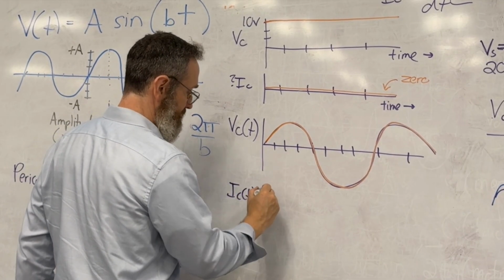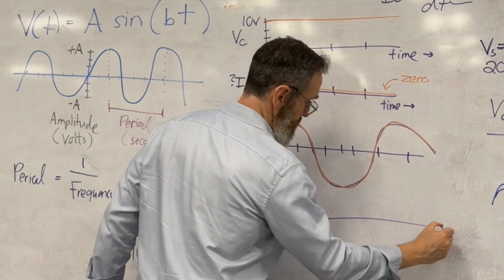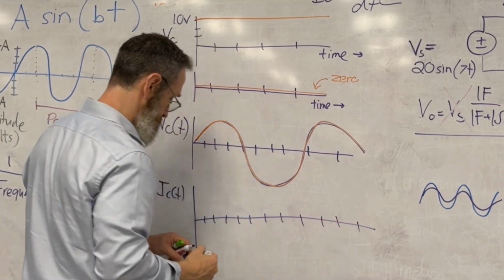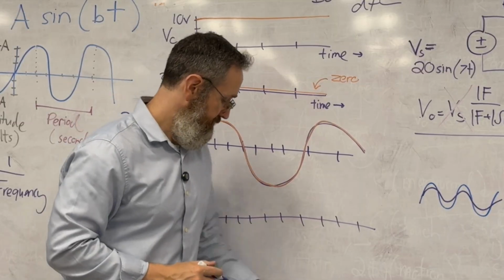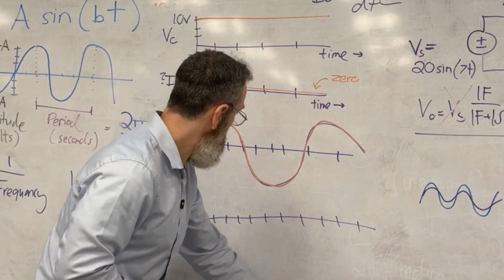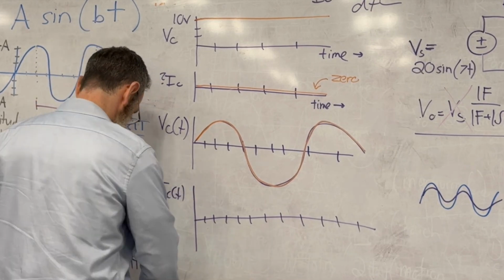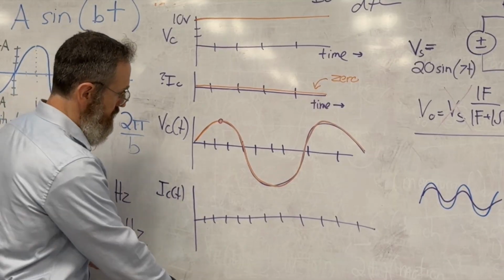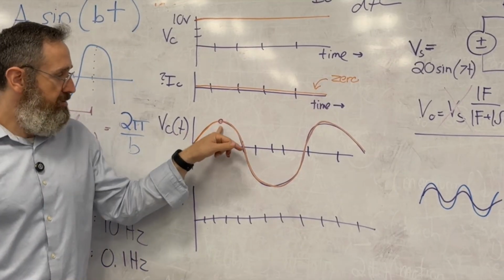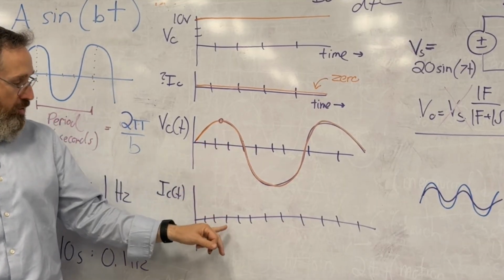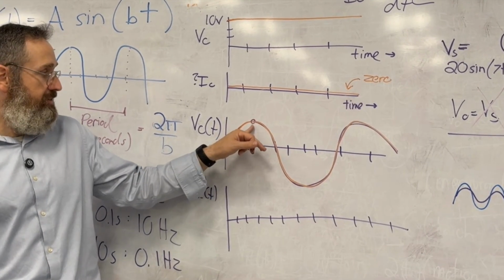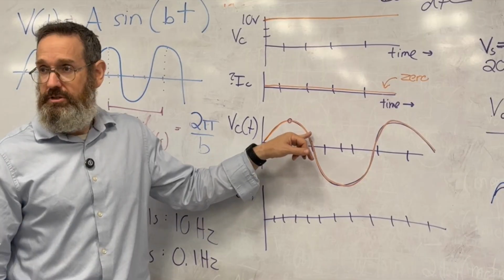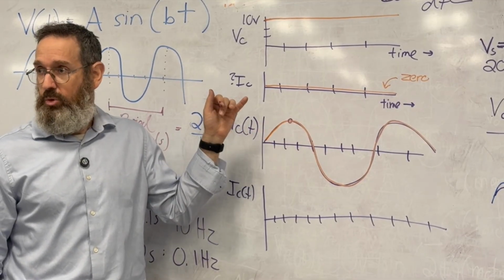But I think it's nice to track it. For me it is nice to track it. 1, 2, 3, 4, 5. All right. Well, I'm going to start here. So here's the point I'm interested in, and I want to know what the current is. I cannot just take the voltage. I have to ask, what is the change in voltage? What is the slope of this line at this point?